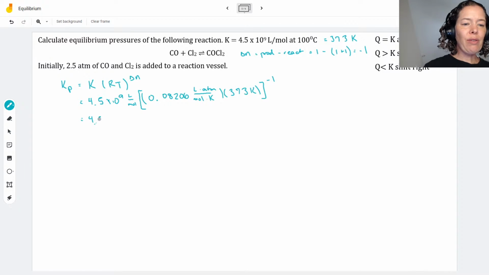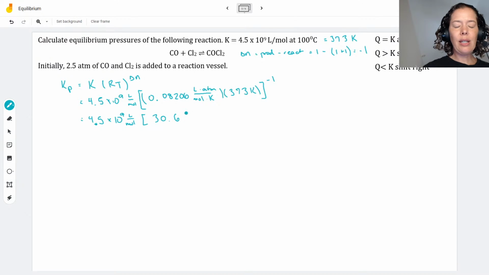This is 4.5 times 10 to the 9th liters over moles. And then this is 30.6. This is now liter atmosphere over mole. Again, my Kelvin canceled out there. This is to the -1, which means it's just divided.